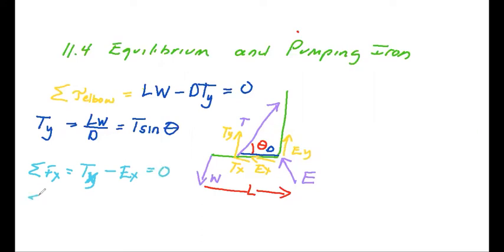And the sum of the forces in the Y is going to equal negative W plus T sub Y plus E sub Y, and that's all going to equal 0.